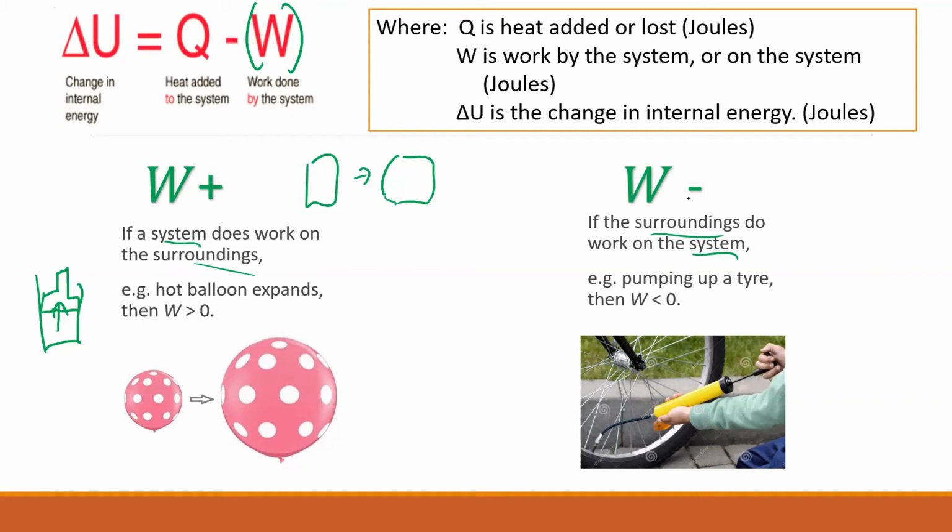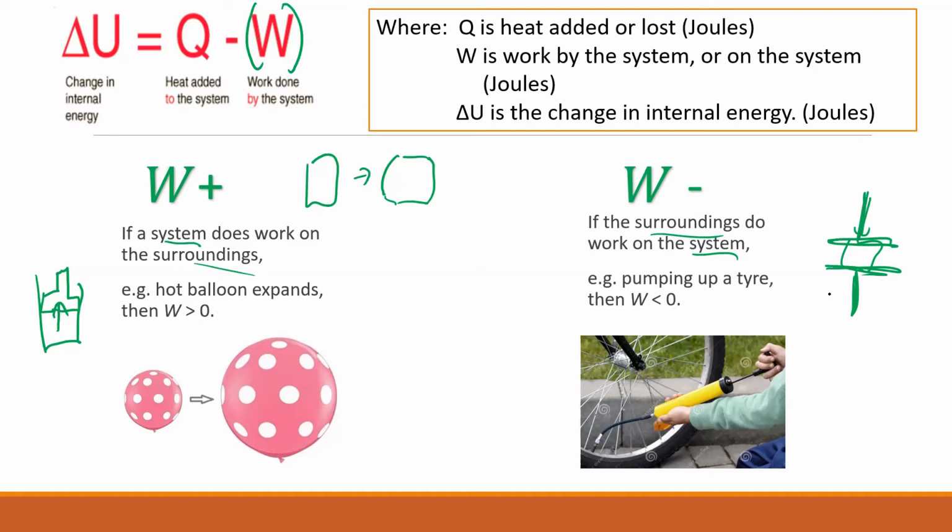So for example, pumping up a tire, then W will be less than 0, because you are putting work into a system. If you've got a can and you instead decide to crush that can, you are doing work on the system.